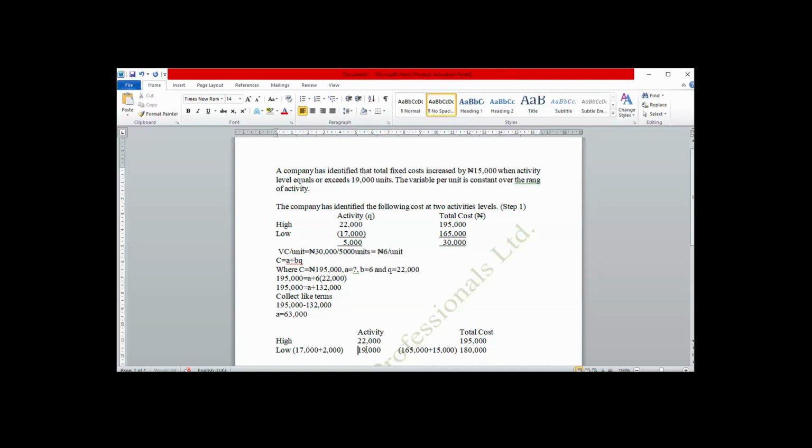Then here, what do we have as difference? 3,000 naira? 3,000 units. What do we have here? 15,000.